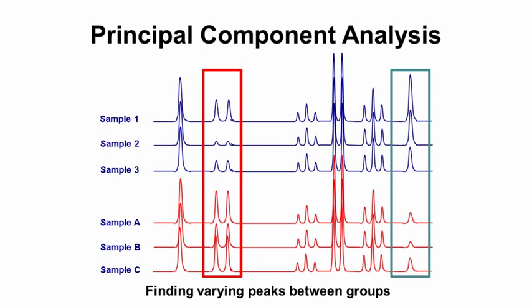If we look at the things marked in these boxes, in some cases the peaks are varying. In the blue spectra, the doublets generally seem to be slightly lower intensity relative to the red spectra, which generally seem to be of higher intensity. On the other hand, for the singlet marked in the green box, the intensities for the blue samples are higher, whereas the intensities for the red samples are lower. Again, it's obvious to our eyes, but principal component analysis could look at hundreds or thousands of data points and pick out other trends that might be more subtle or not easily detected by our eyes.